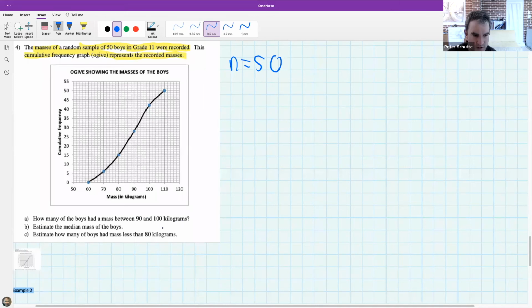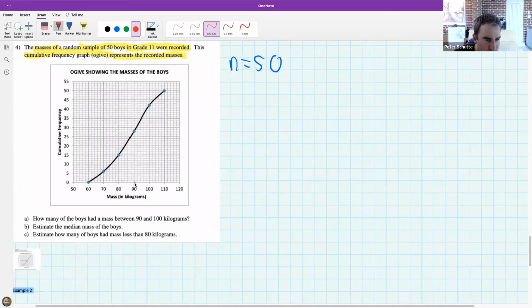What I want to do is open it for interpretation: where would we start with this? If you guys were trying to answer this question, how many boys had a mass between 90 and 100? Part of me thinks we should just go and find 90 kilograms on the axis. I was thinking that.